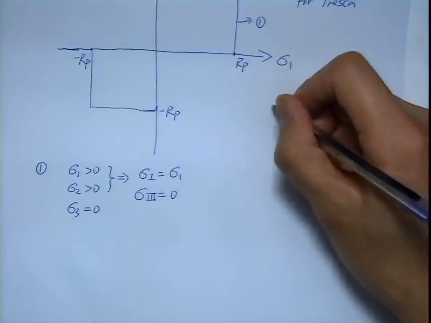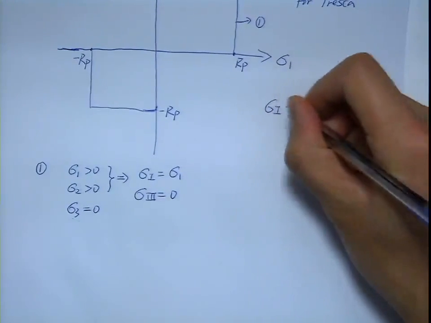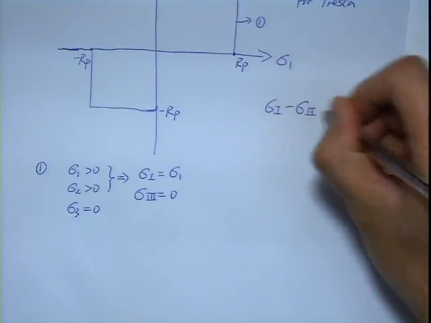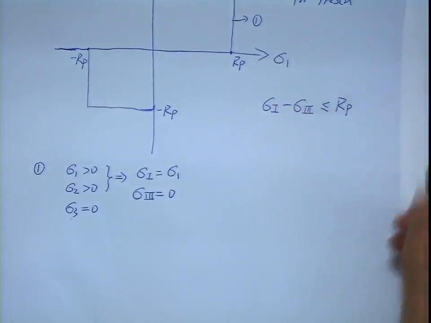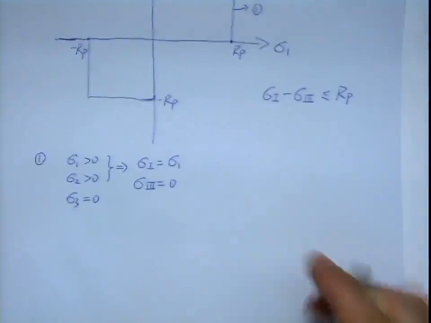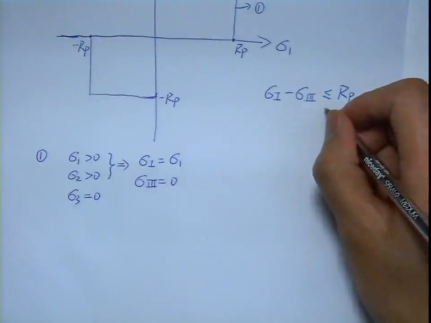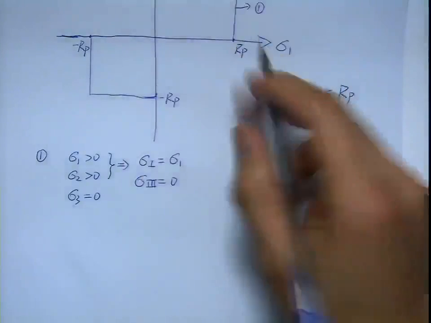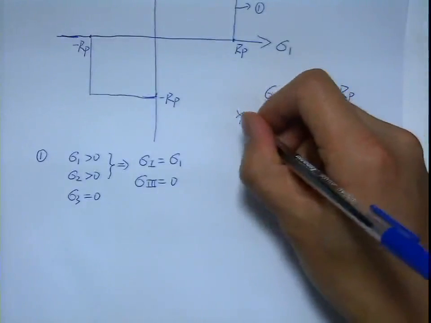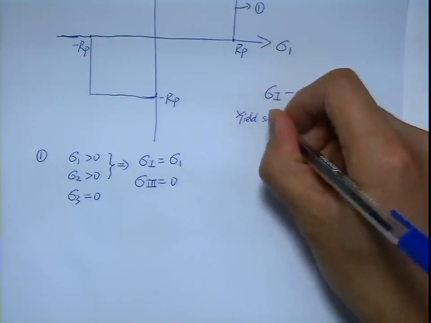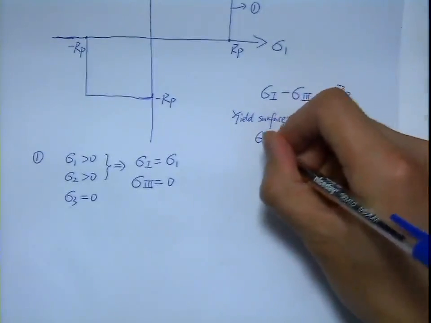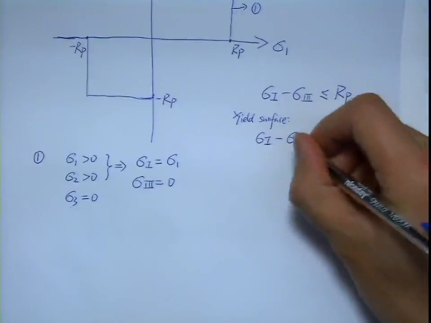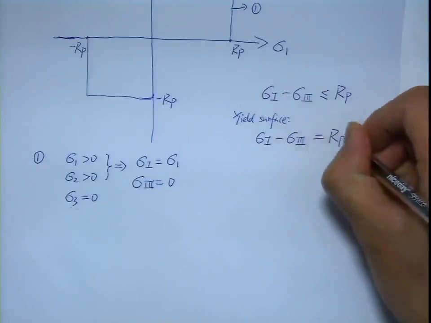So remember the Tresca criteria is sigma 1 minus sigma 2 smaller than RP. Okay, let's just let that equal so we can find the yield surface. The yield surface means they're just reaching that yielding point, means just equal to RP.